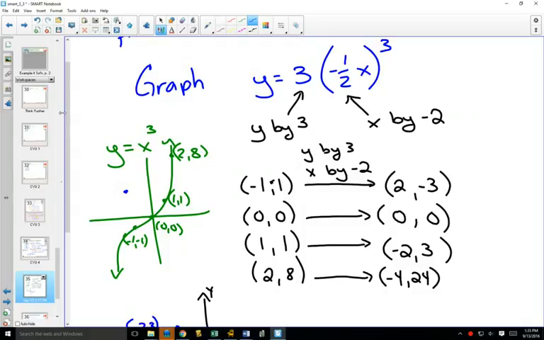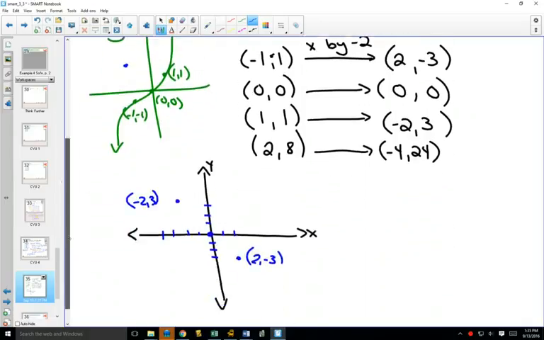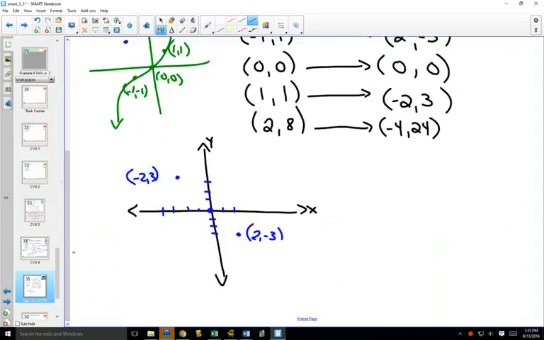And then we're going to stretch it horizontally. So if we can envision what that looks like, this will be our final graph. Can you see the flip over the y-axis? How that's different than our original graph?